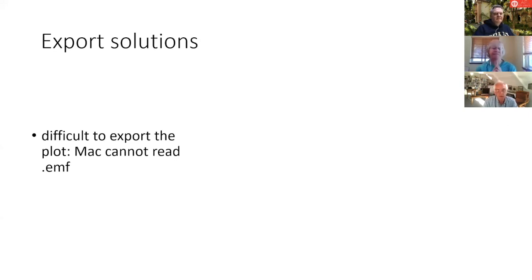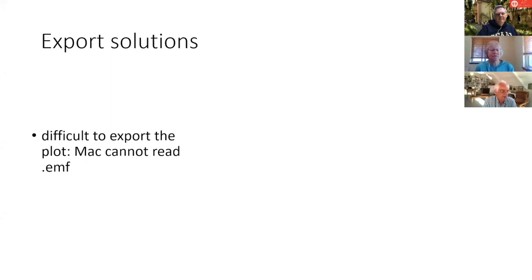That's a Windows enhanced meta file, and a Macintosh unfortunately can't read such things. It's curious because it's something that Microsoft invented, and what it allows you to do is export data in a sort of vector format so that you can pull it bigger and smaller, and it doesn't go out of focus and get all pixelated.